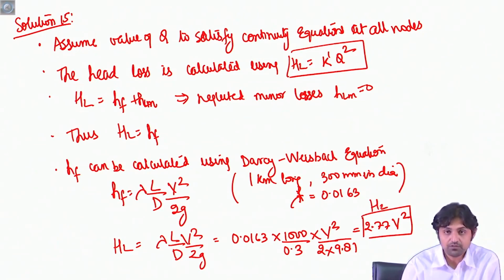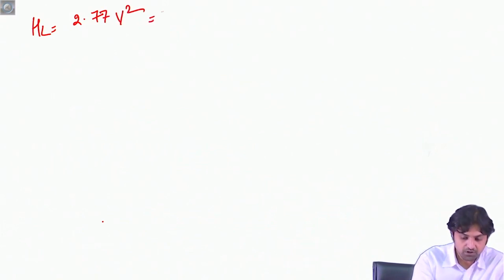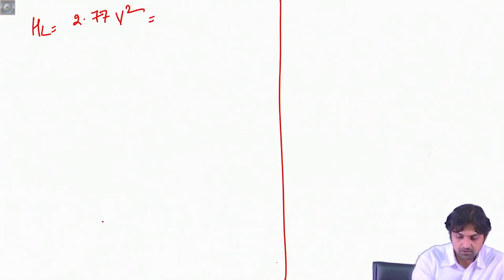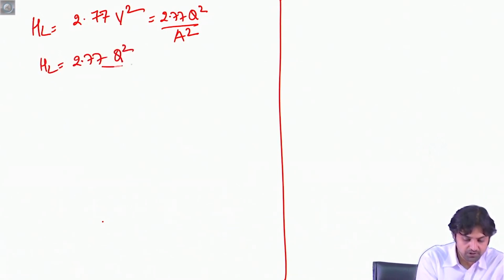But we need to have it in the form of Q. So we write HL is 2.77 V square, or 2.77 Q square by A square. What is the area?